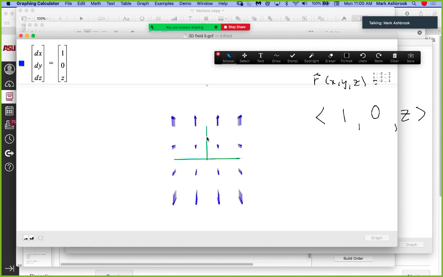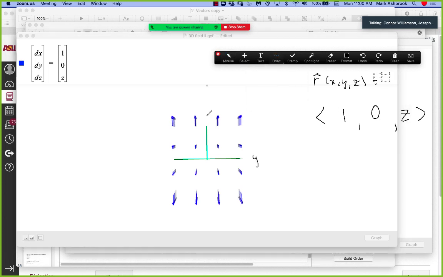Y is left and right. So what are the left and right components of these vectors? Oh, I see. It's 0. There's no change. All of the magnitude of the vector seems to be up and down, and no part of these vectors is showing left or right change.